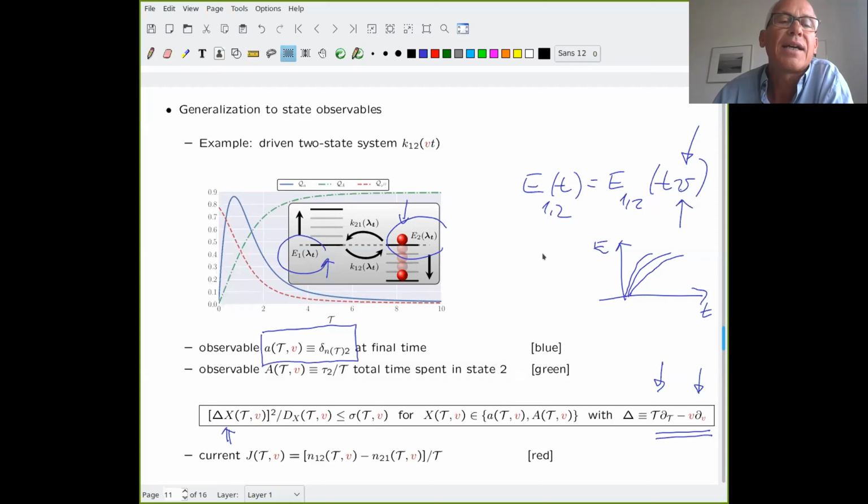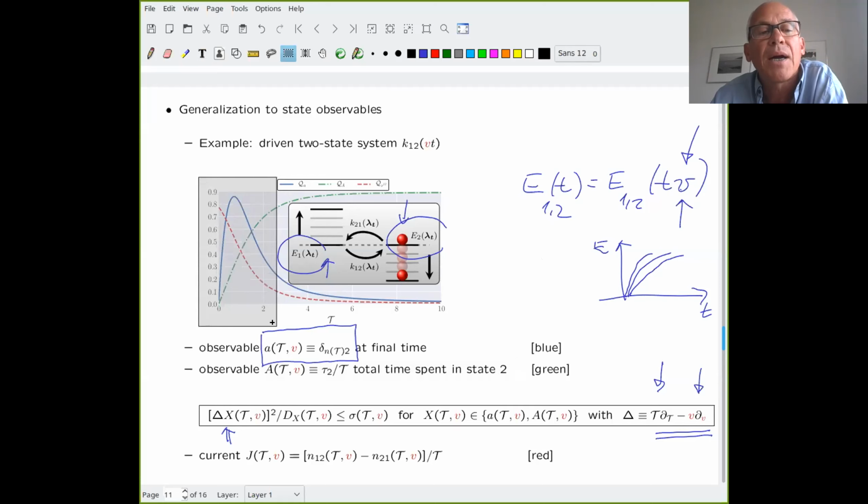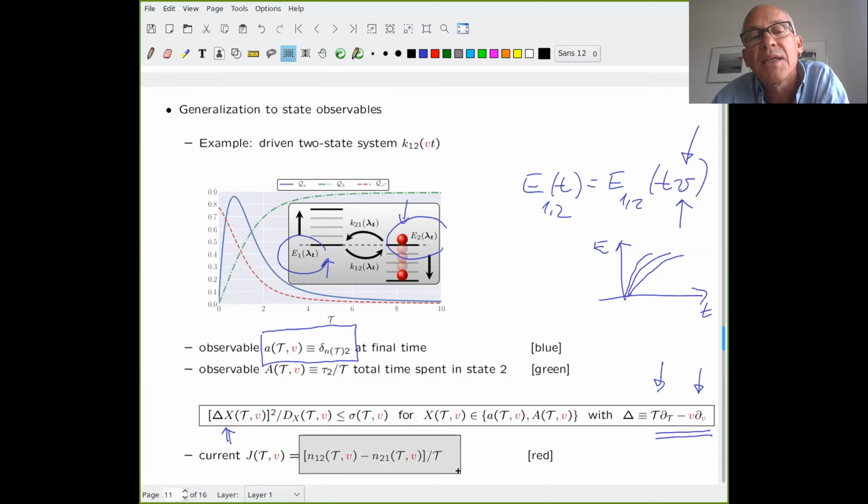And again, in the diagram, you see the quality of the bounds. We have compared here, for this simple case, 3 different observables. So the one I was just mentioning, but we're also looking at a current observable, which is the red trace. This is just the current going from left to right, for instance, on average. Okay, and depending on the time of observation, one or the other or the third one of these bounds is best.